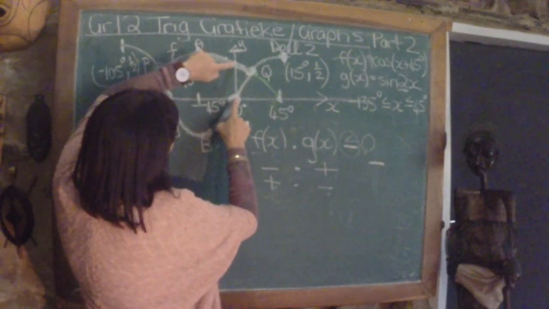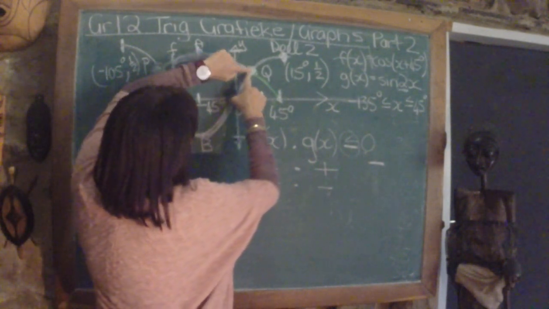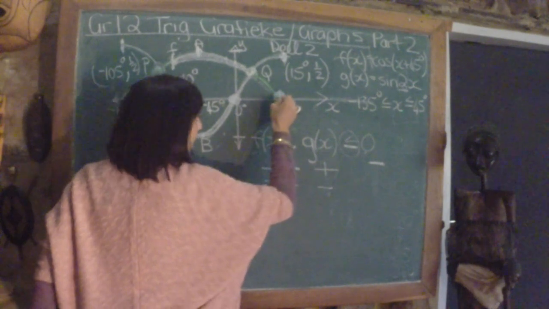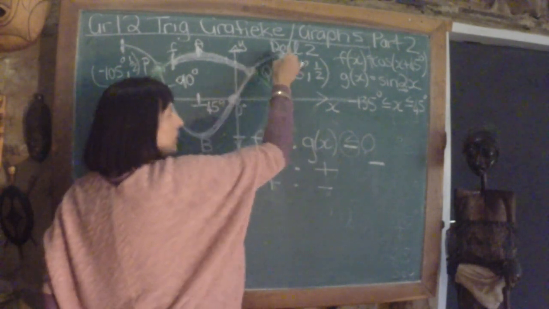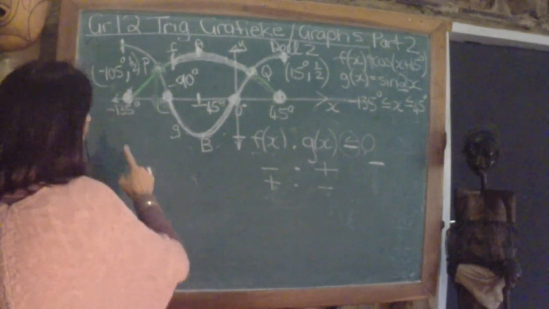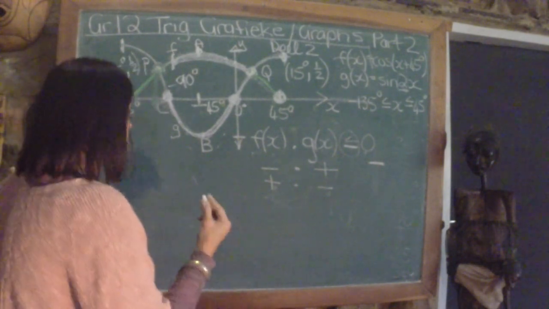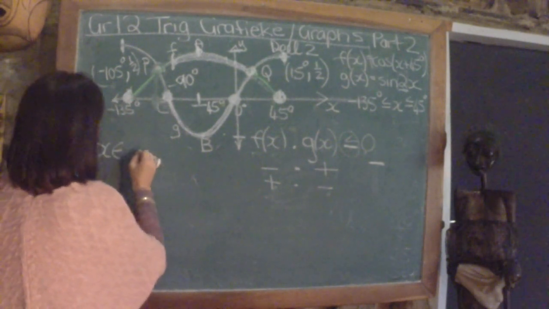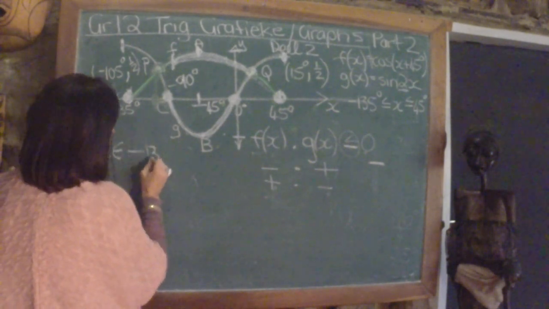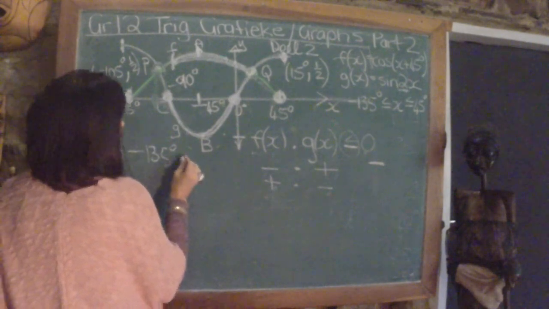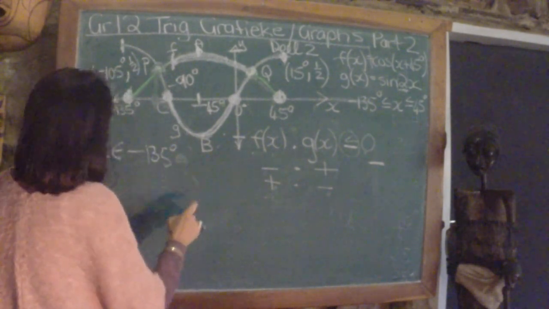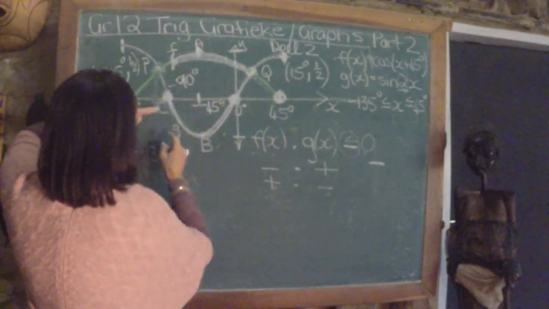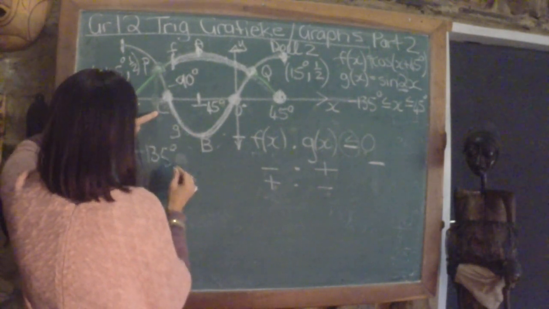Van daar af is al twee my funksies nou weer positief. En hier is een van my funksies nou weer 0 and the other one is positive. 0 times plus gives me 0. So now these pieces that I've broadened is the solution. X element van, kom ons gaan kyk, minus 135, definitely in. Okay, then from there, that value of C is minus 90 degrees.